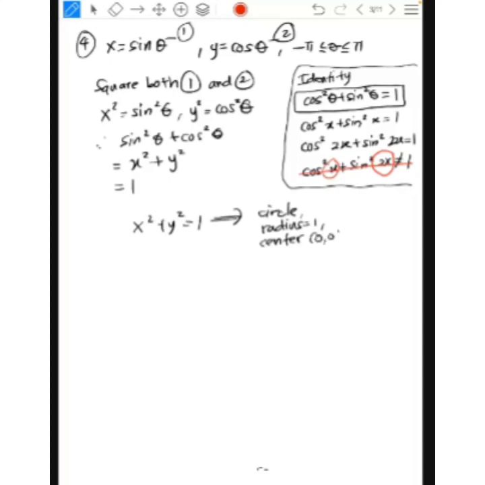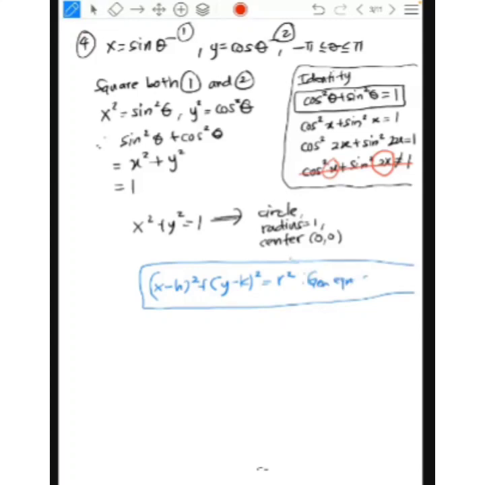If you still remember, the general equation of a circle is (x minus h) squared plus (y minus k) squared equals r squared. This is the general equation of a circle. Do you still remember what R is? R is the radius, and the center is (h, k).